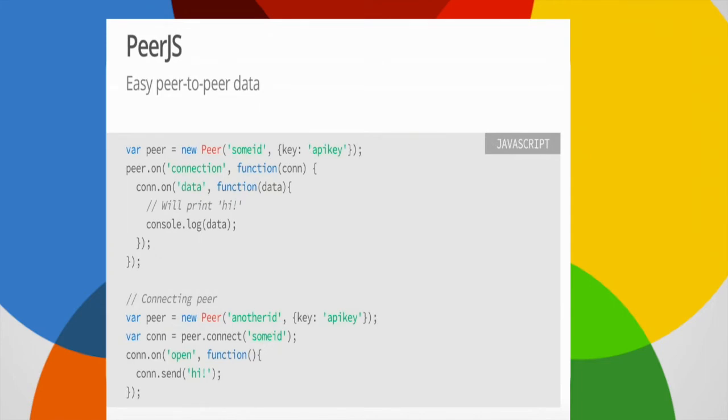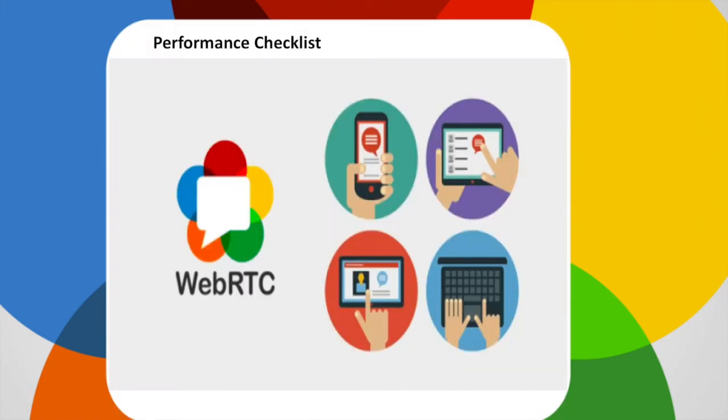PeerJS does something similar to the RTC data channel. Just create a peer, and then on connection you can send messages and receive messages, so it's easy to use.